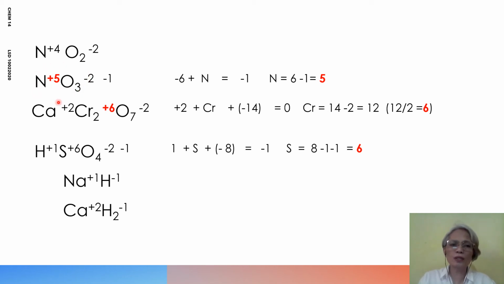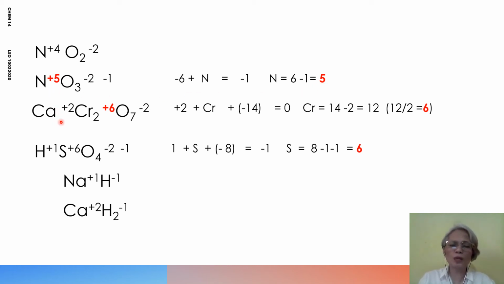So all of this has a charge of negative 1, as opposed to this, which is a compound. No, this one is a polyatomic ion. So this has a charge of negative 1. Again, oxygen has a charge of negative 2. Negative 2 times 3 is negative 6. So negative 6 plus the charge of nitrogen must be negative 1. Simple algebra would yield nitrogen having a charge or oxidation number of positive 5.